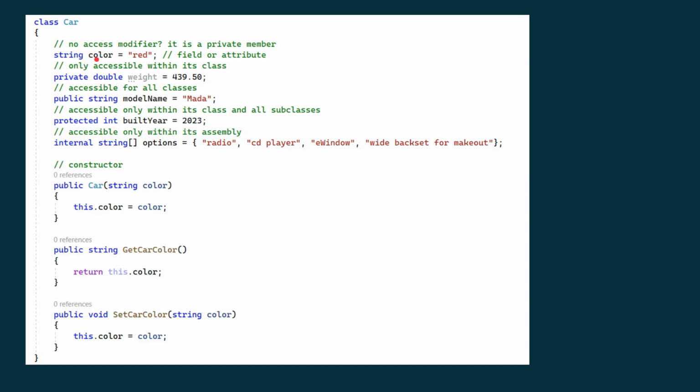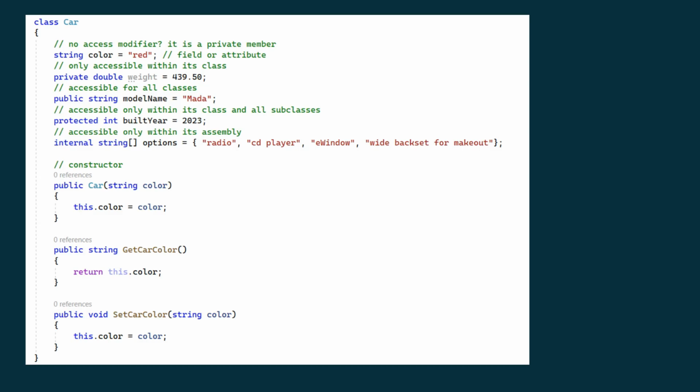Here we have an attribute or a field with a type string, the name color, and a value red. And the next one is private, type double, weight, and a value. So here you have a keyword: private, public, protected, internal. What are these? These are called access modifiers.